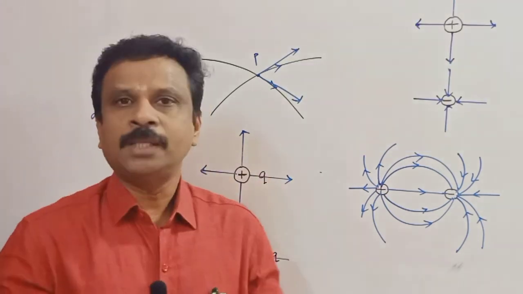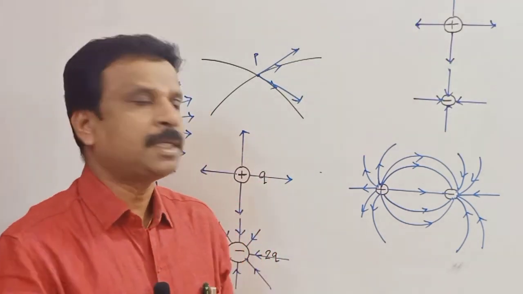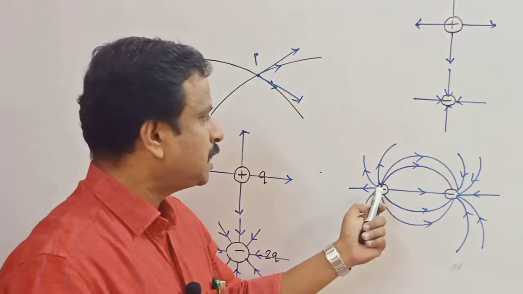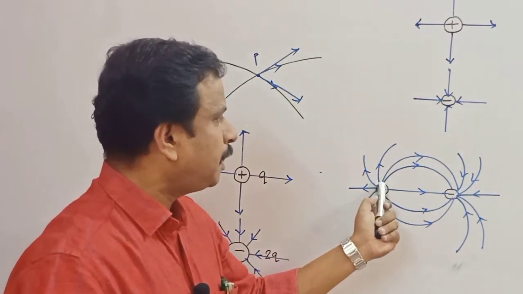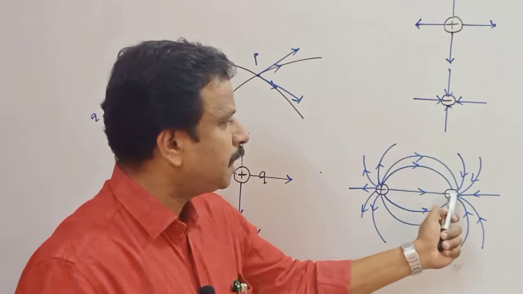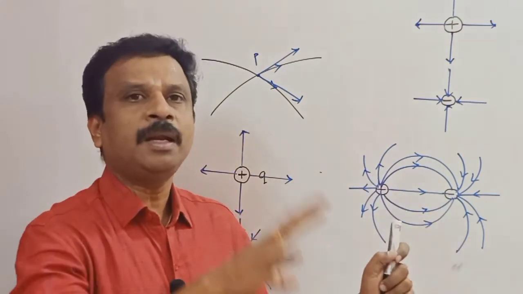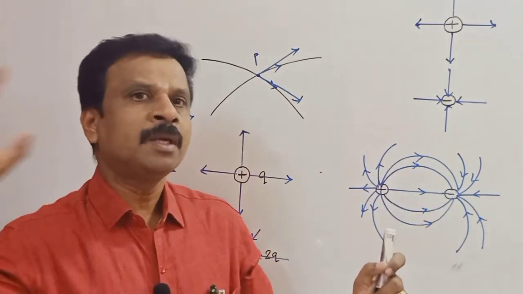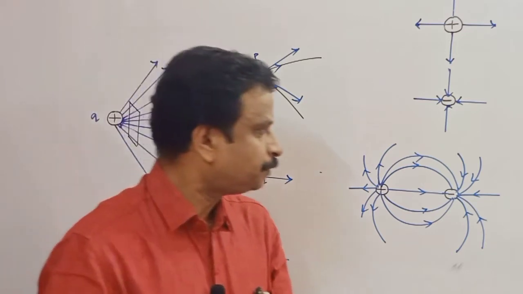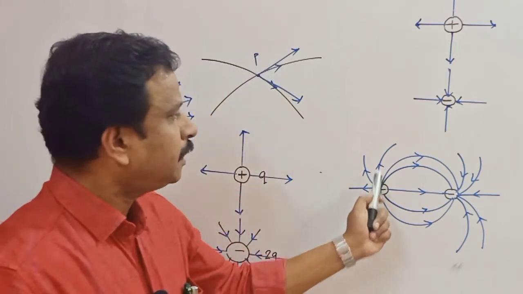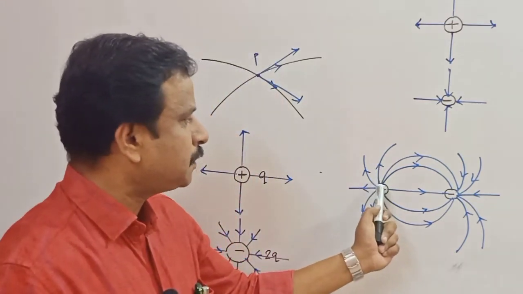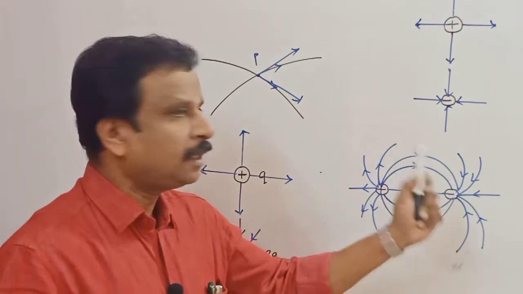It will not once again start from the negative and come to the positive. That will not happen here. So you can see this. Electric field lines start from the positive charge and terminate at the negative charge. Every field line follows the same thing. So all the lines start from the positive charge and terminate at the negative charge.